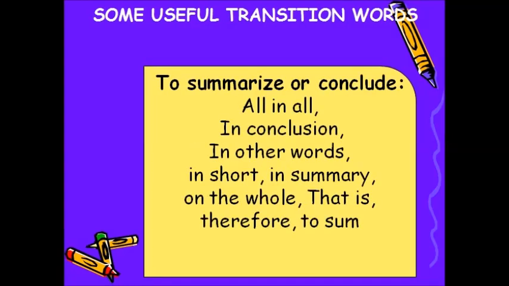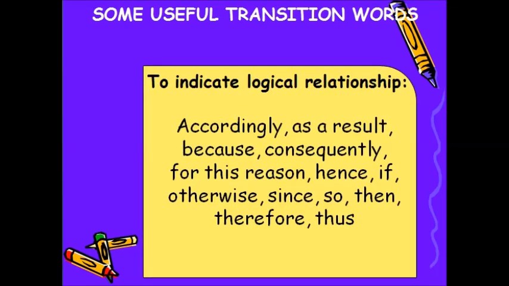To summarize or conclude, we use all in all, in conclusion, in other words, in short, in summary, on the whole, that is, therefore, to sum up. To indicate logical relationship, we use accordingly, as a result, because, consequently, for this reason, hence, if, otherwise, since, so, then, therefore.